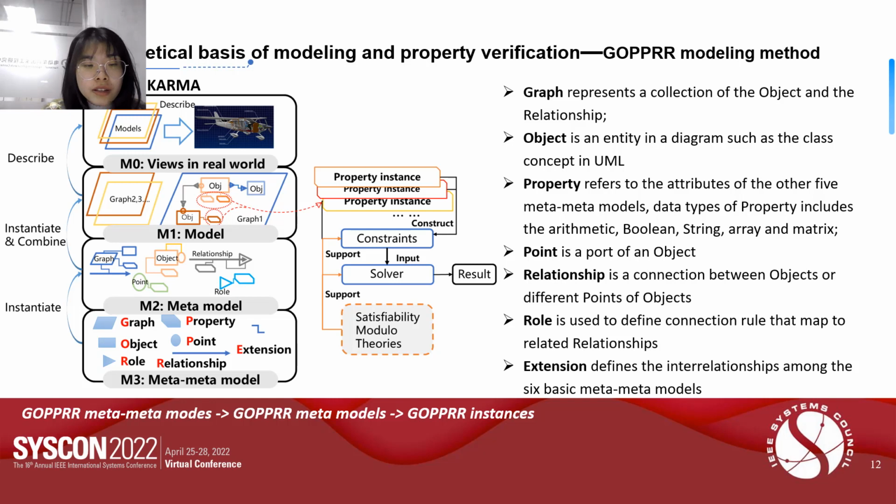Karma language is based on the GOPPRR modeling method, which supports modeling in multi-languages. The GOPPRR modeling method includes 6 mathematical models: graph, object, property, point, relationship, role, extension. The mathematical models are indexed to the metamodels, and metamodels are combined to the instances.